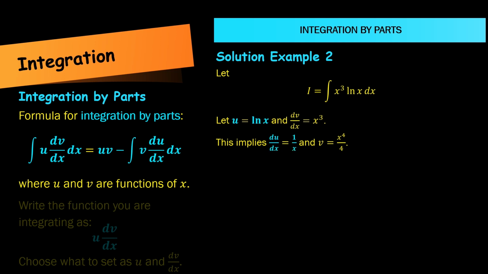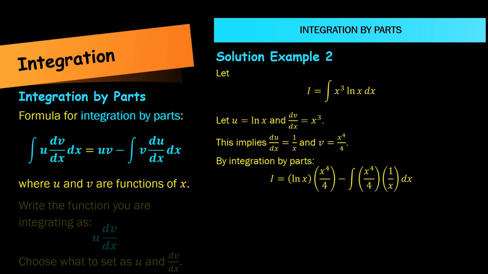So this implies that du/dx equals 1 over x, since we can differentiate ln x, and v equals x to the power 4 divided by 4, which is the integral of x cubed. Now we can apply our formula, integration by parts.